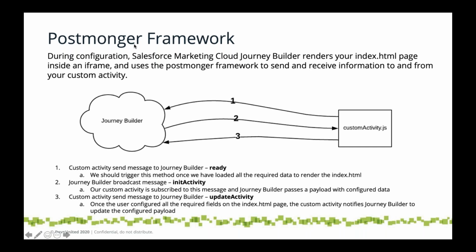So that is the Postmonger framework. You can find a lot of documentation on the internet, but the important messages for this purpose are these three. There are other messages that Marketing Cloud broadcasts, but you will need to use ready, initActivity, and updateActivity.